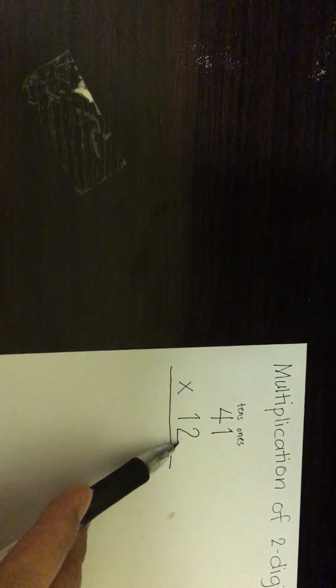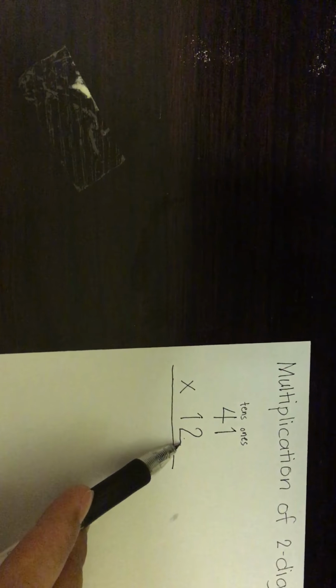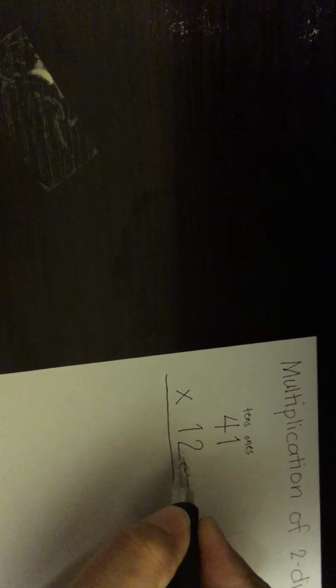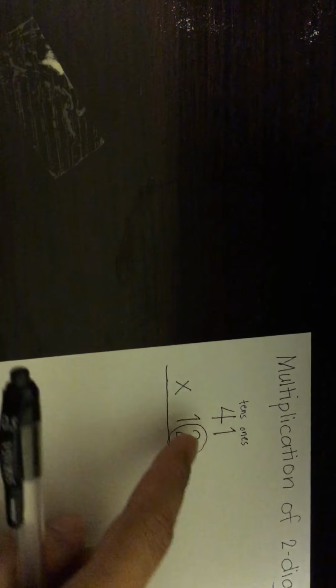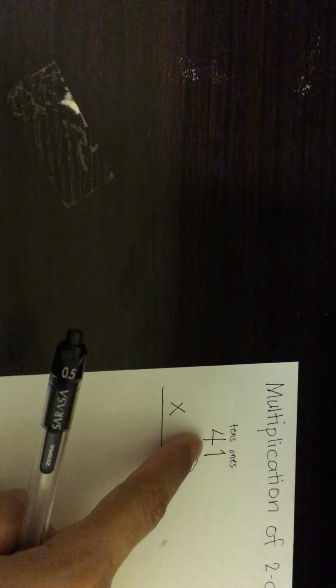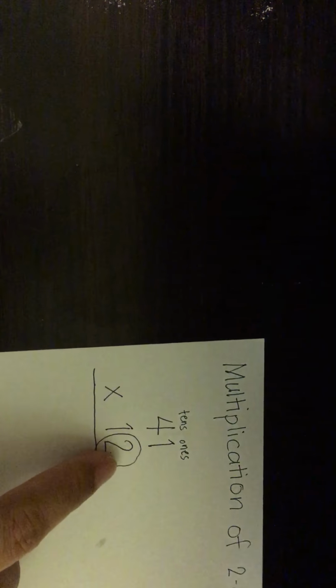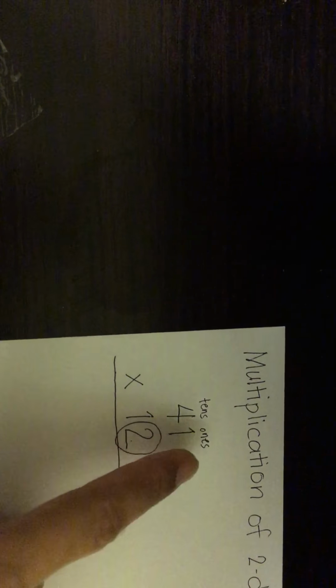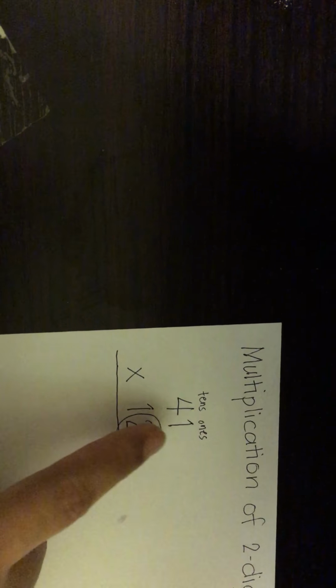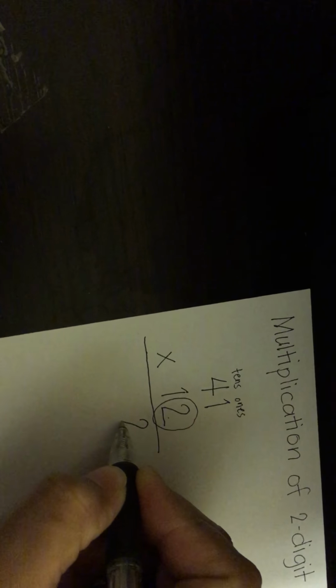Step 1, you start with the 1 in the ones place. Let's have 2 multiplied by 41. First we multiply 2 by the ones: 2 times 1, the answer is 2. You write 2 in the ones place.